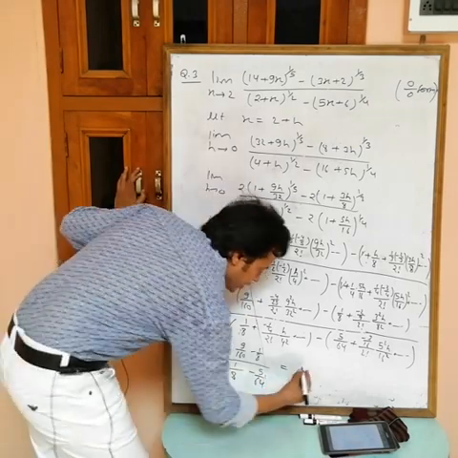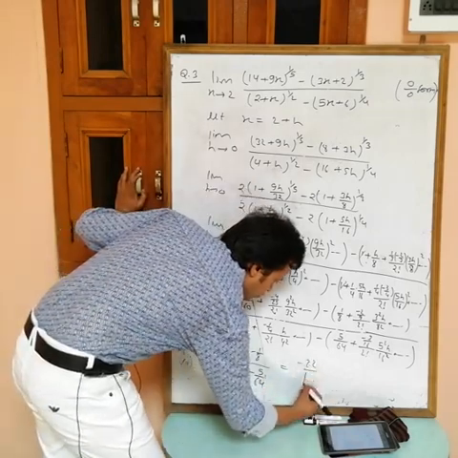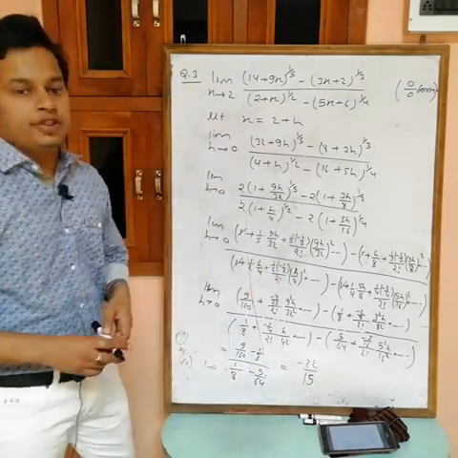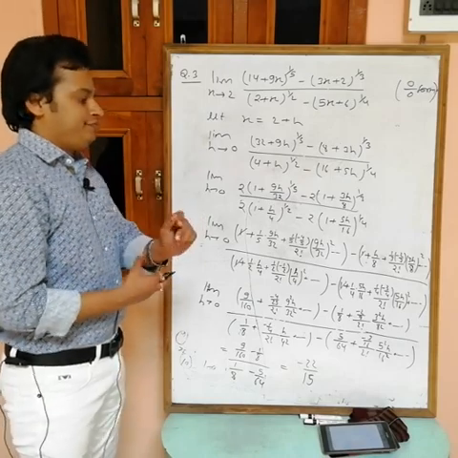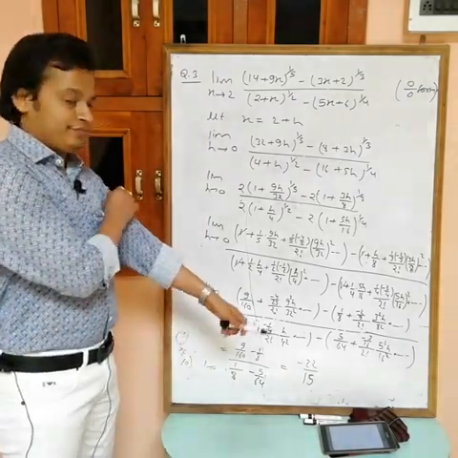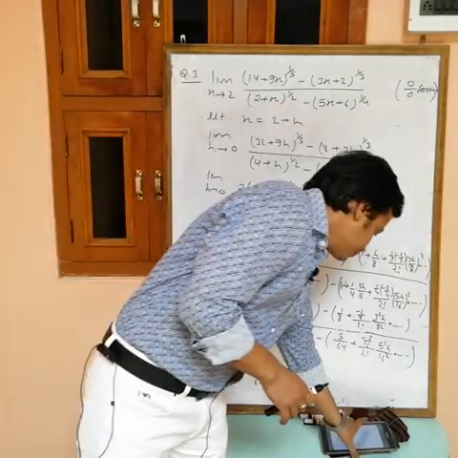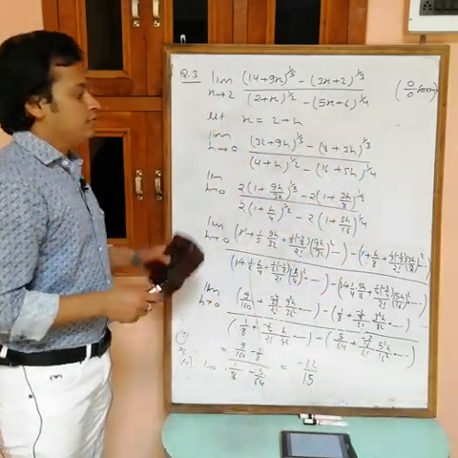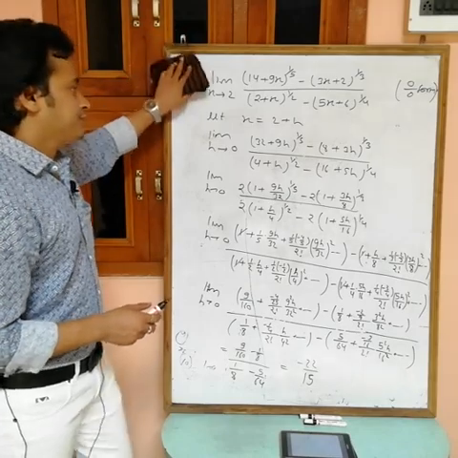If you solve this one, at the end you will get minus 22 by 15. Okay, write down.